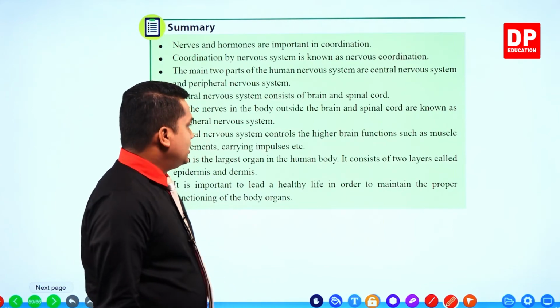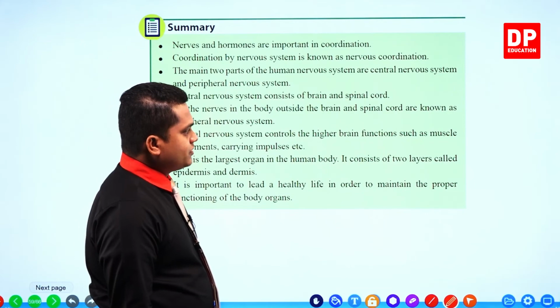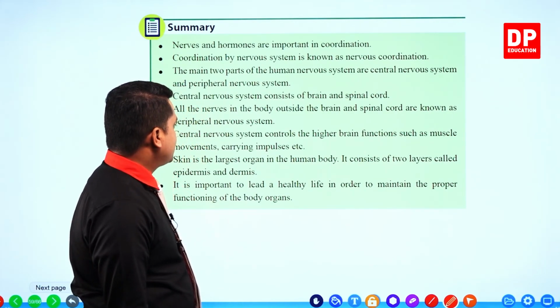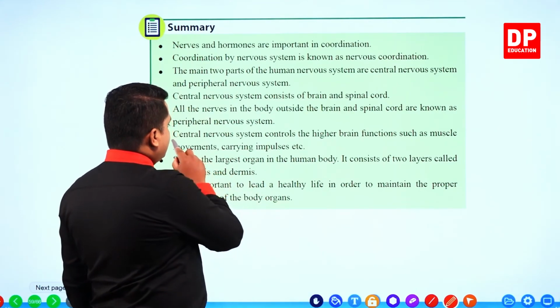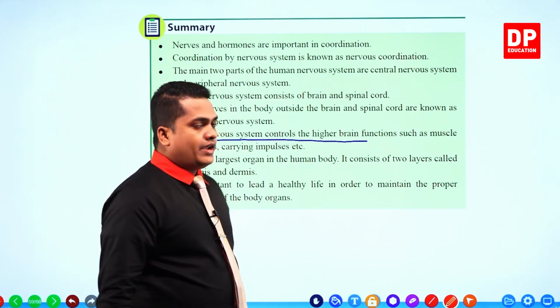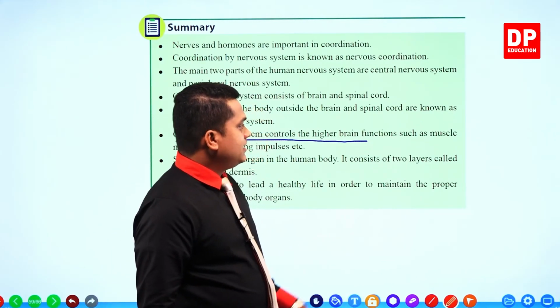The central nervous system controls the higher brain functions such as muscle movements, carrying impulses, etc.